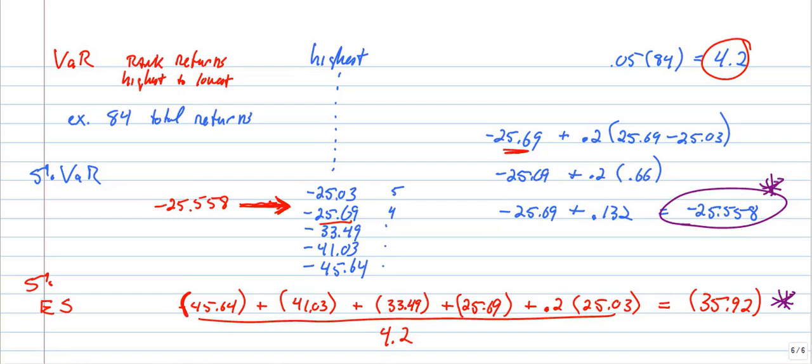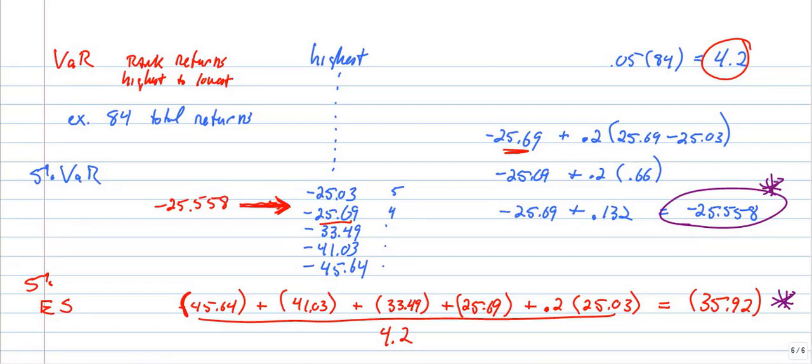You rank them from highest to lowest. The value at risk gives you the most optimistic of the worst, whereas the expected shortfall averages the 4.2 worst outcomes.